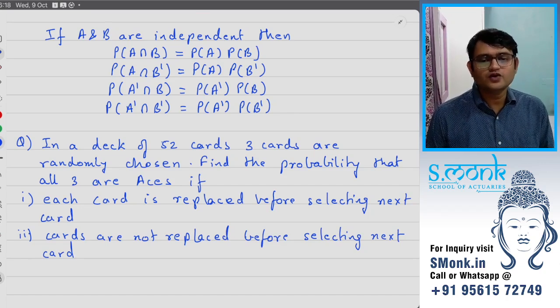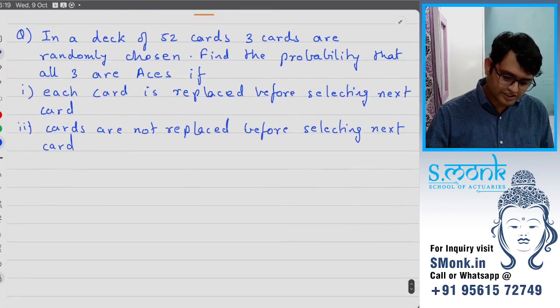In a deck of 52 cards, 3 cards are randomly chosen. Find the probability that all 3 are aces if each card is replaced before selecting the next card, or second, if cards are not replaced before selecting the next card.